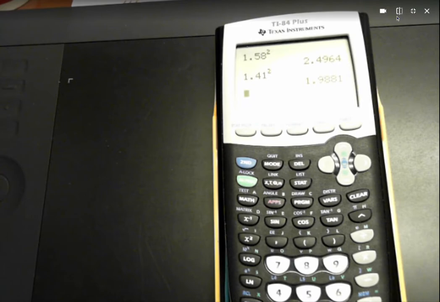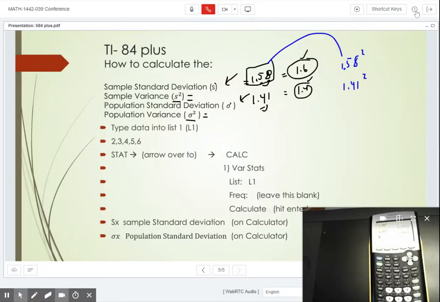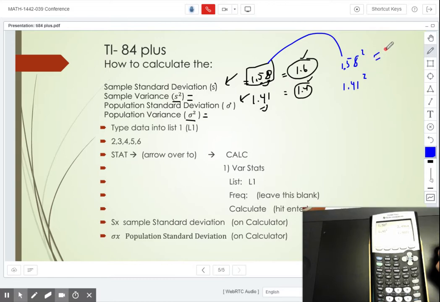So let me come back to my paper. 1.58 squared ends up being 2.49. And if I round it to one decimal place, it will be 2.5. I'm running out of room, sorry.